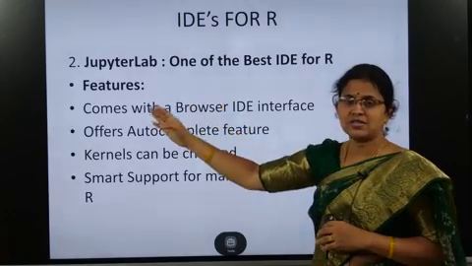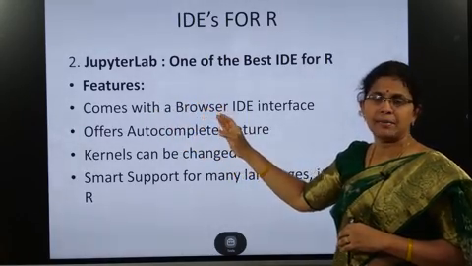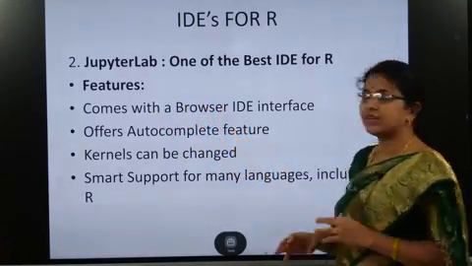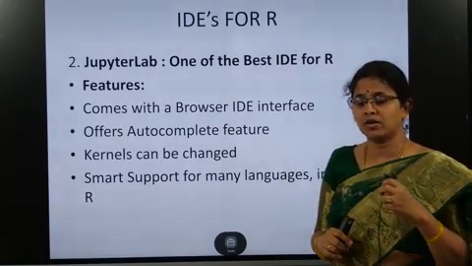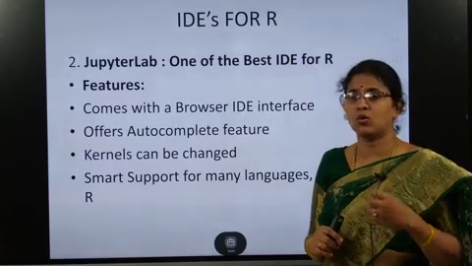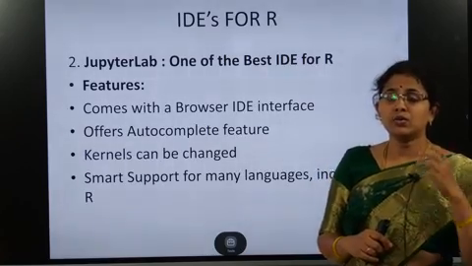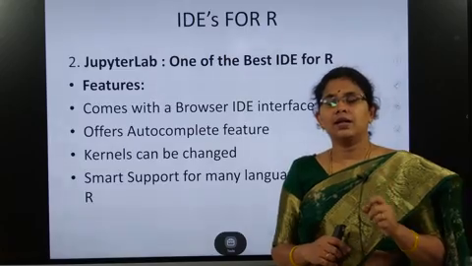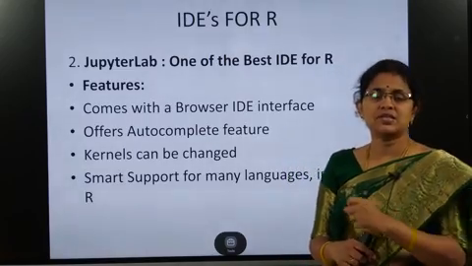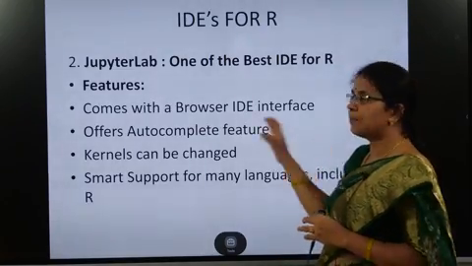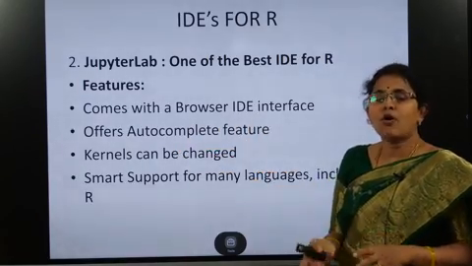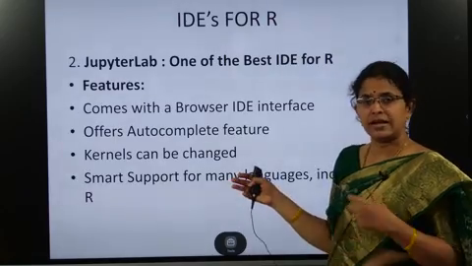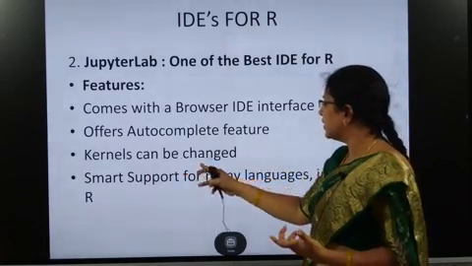And what are the features of this Jupyter Lab IDE? It comes with a browser IDE interface, which means whatever information you want, whatever code related problems or ideas there are, you can directly search for them using this IDE interface. It means it is a browser IDE interface. It also offers the autocomplete feature like R Studio, and kernels can be changed.